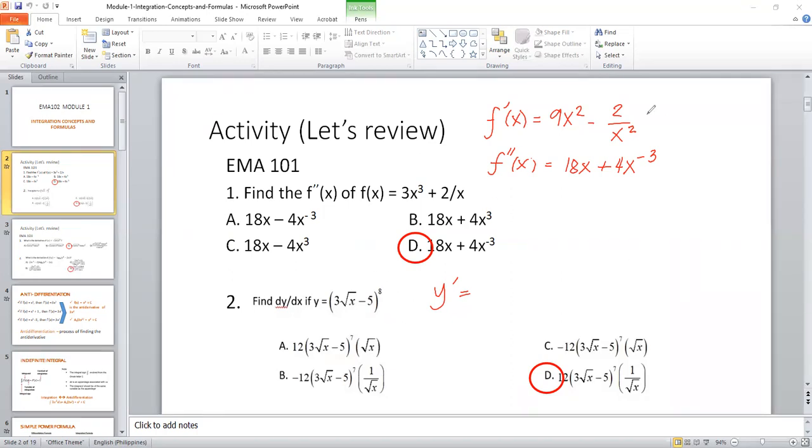Now, can I have another one? Cinder, James, Kanyet. What will happen if you take the derivative of this? Okay, I will remember your names.